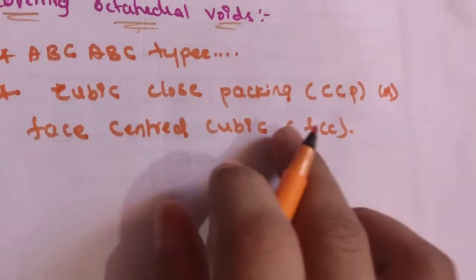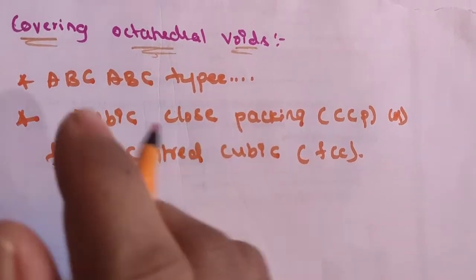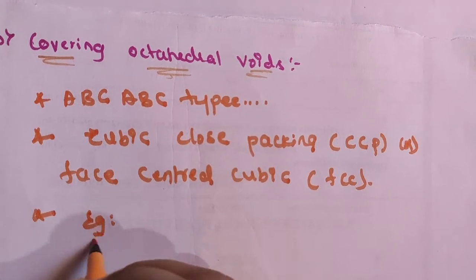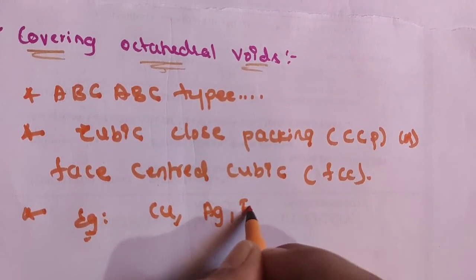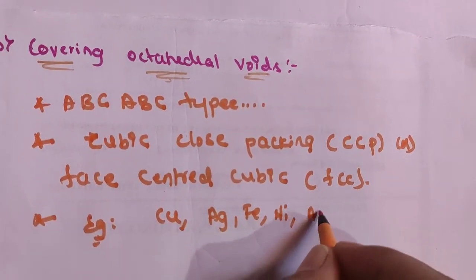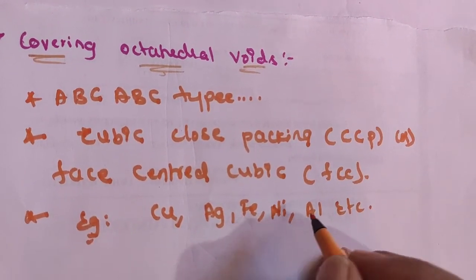Cubic close packing or FCC. This type of arrangement is found in metals like copper, silver, iron, nickel, aluminum, etc.